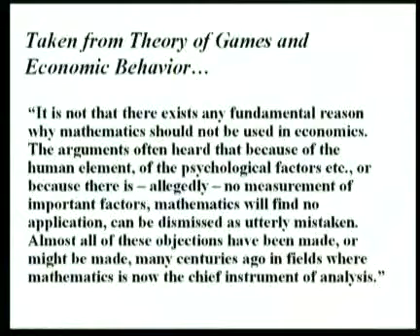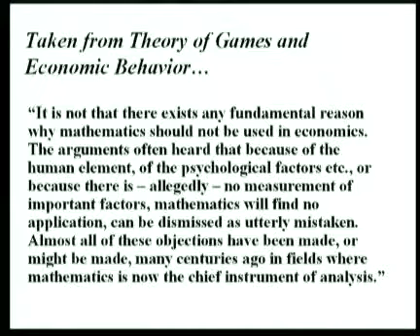So this is a quote out of the text from John von Neumann. And I quote, "It is not that there exists any fundamental reason why mathematics should not be used in economics and social theory writ large. The argument is often heard that because of the human element, of the psychological factors, etc., or because there is allegedly no measurement of important factors, mathematics will find no application.